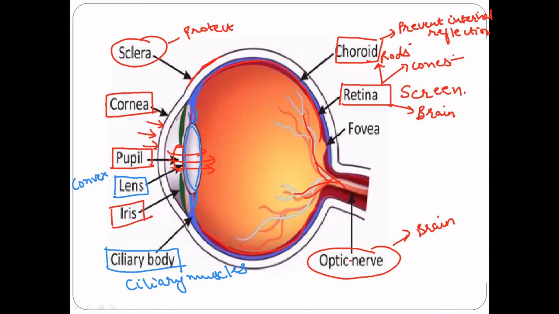All right. Now, see, fluid is filled inside the anterior part of the eye as well as in the posterior part of the eye. The fluid which is present in the anterior part of the eye is known as aqueous humor.